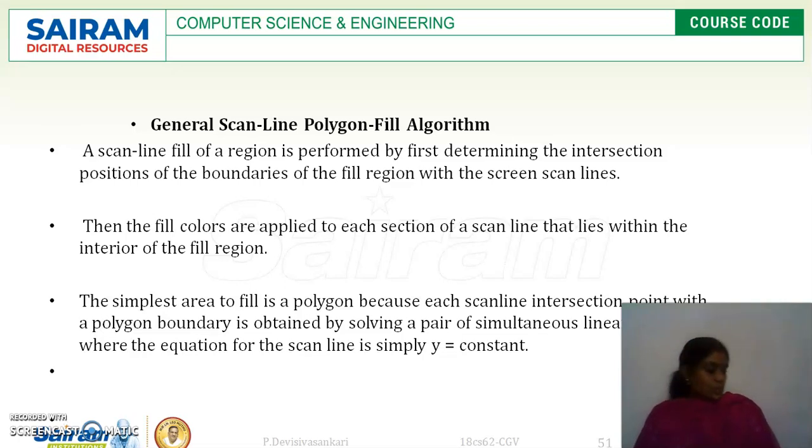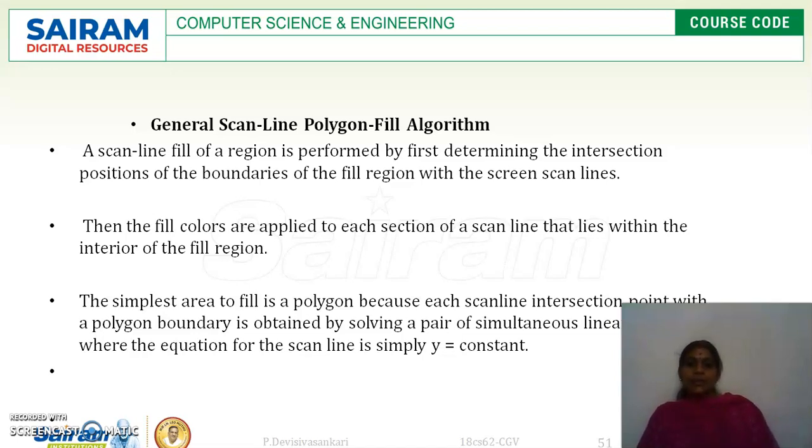So that is considered a scan line, right? So here this will be performed first of all by determining the intersection positions of the boundaries of the fill region with the screen scan lines.